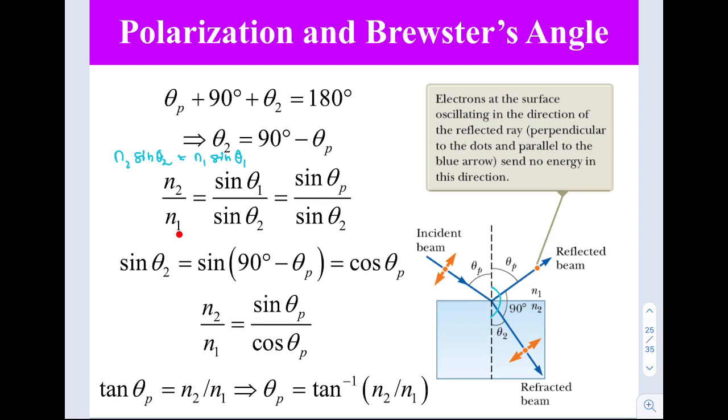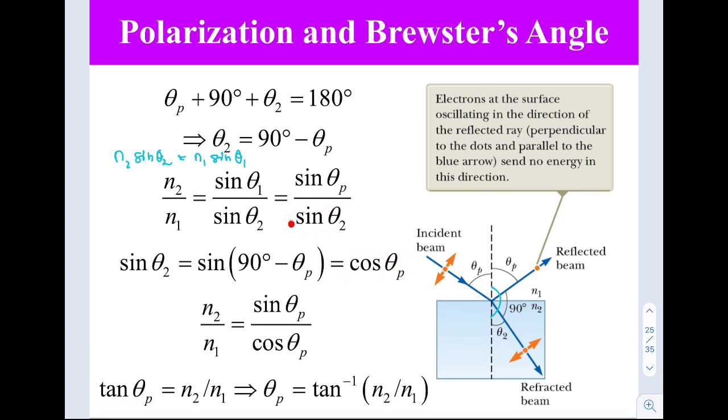So in this case, we have N2 over N1 equals sin theta 1 over sin theta 2, where our theta 1 right now is the polarizing angle, theta p. And we know that sin theta 2 is sin of 90 minus theta p, which equals cos theta p.